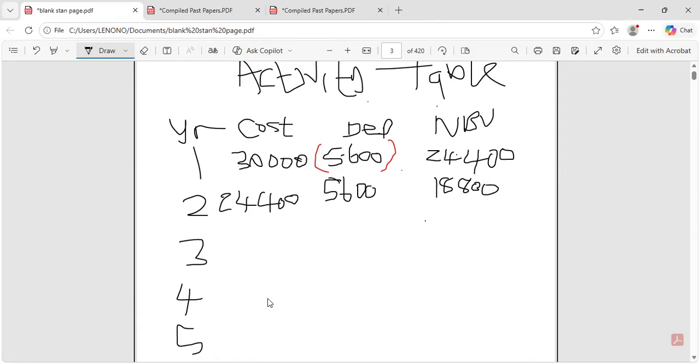So here again it will be 18,800 minus 5,600, which will give us 13,200.